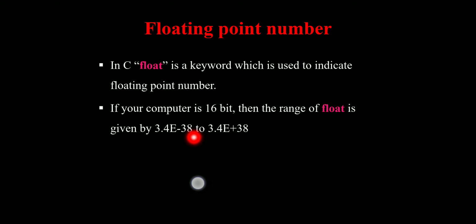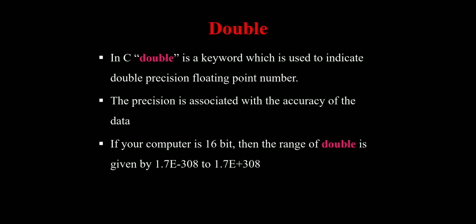This is the range of floating point values. Next is double. We use the double keyword to indicate double precision floating point numbers.